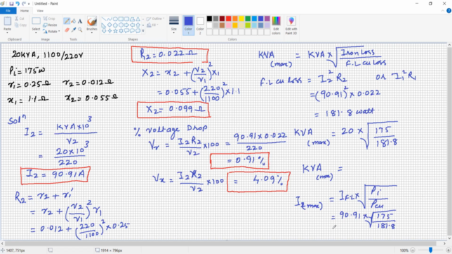Therefore, the current under maximum efficiency condition is 89.1 ampere. Okay. So in this way, the open circuit and short circuit tests are very much useful to determine equivalent circuit parameters, to calculate percentage voltage regulation, as well as efficiency of the transformer. Now we will stop here.